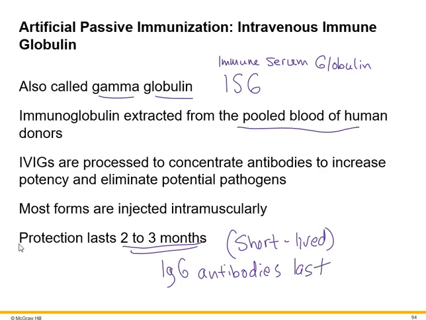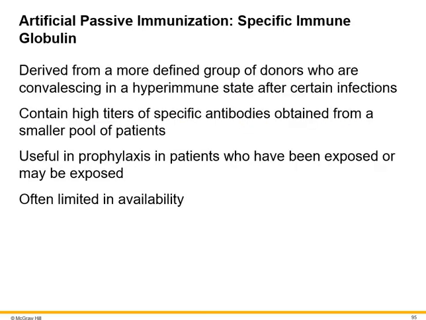About 45 days would be an IgG, and then 2 to 3 months might be about all you're going to get. So with a specific immune globulin, the SIG, this is from a more defined group of donors who are convalescing, and they're in a hyperimmune state.